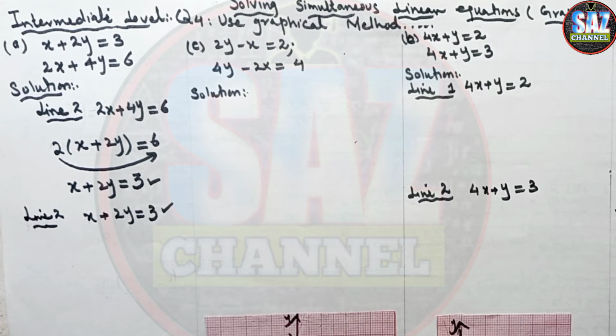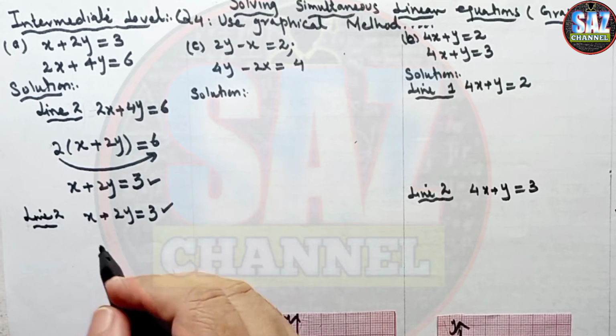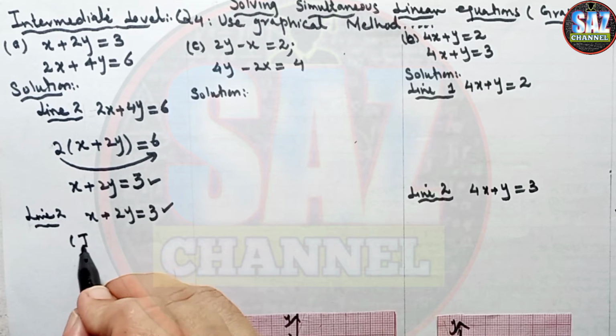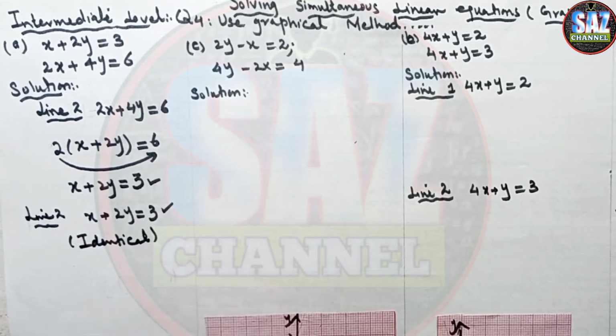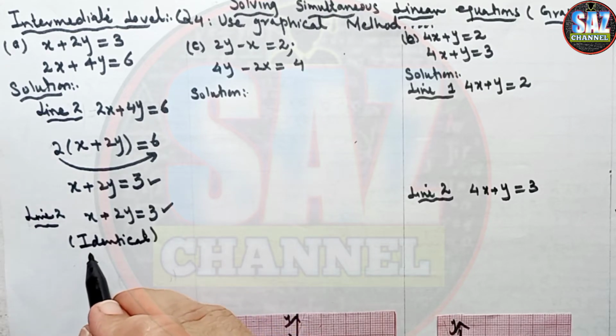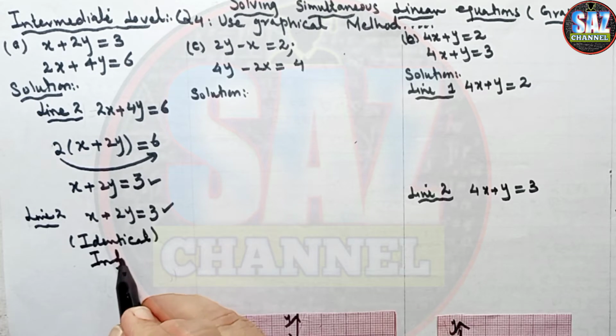The graphs will be identical and will coincide with each other, cutting each other at every point. So in case of identical lines, the graphs coincide and we will have infinite solutions.